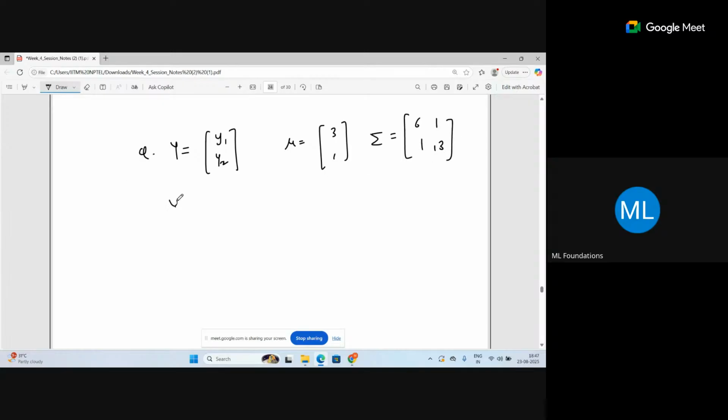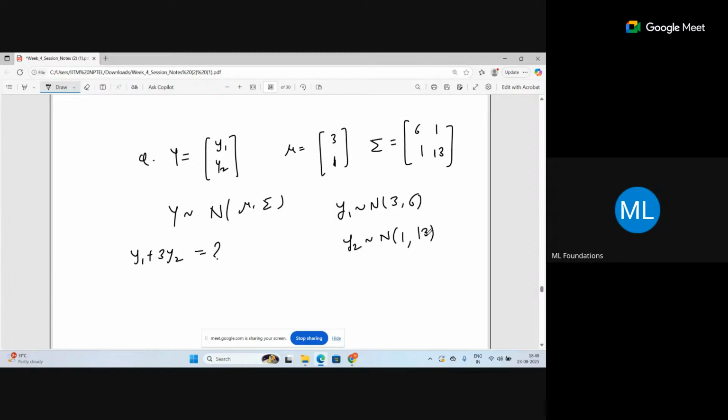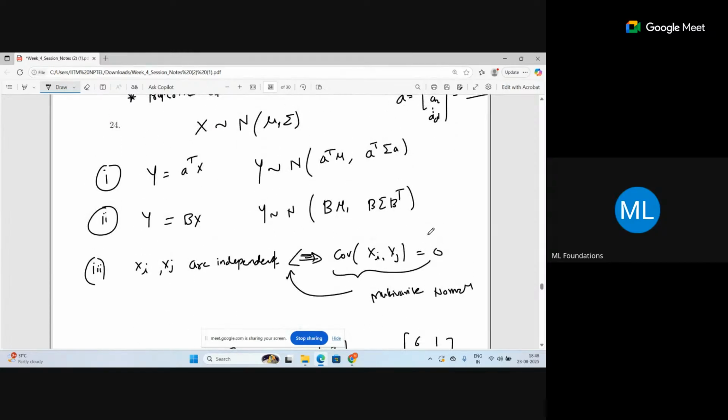And y is distributed as normal with mu and sigma. Given this, I need to find out what y1 plus 3y2 is. The distribution of y1 is normal with mean 3 and variance 6. The distribution of y2 is normal with mean 1 and variance 13. What is the distribution of y1 plus 3y2? Can any of these properties be applicable here?